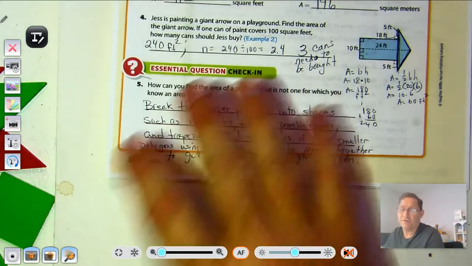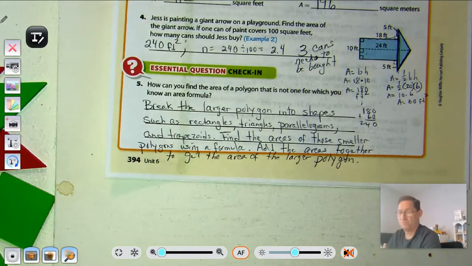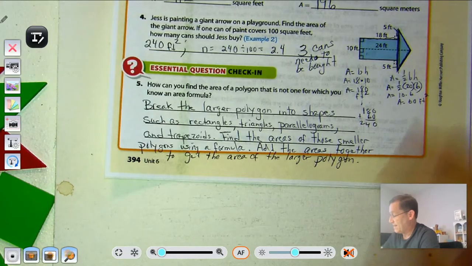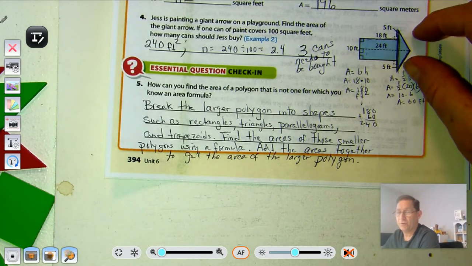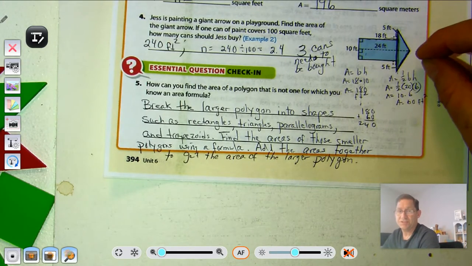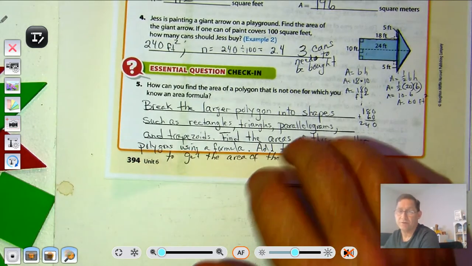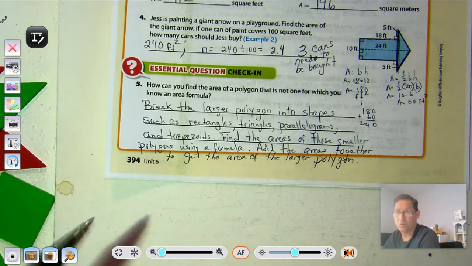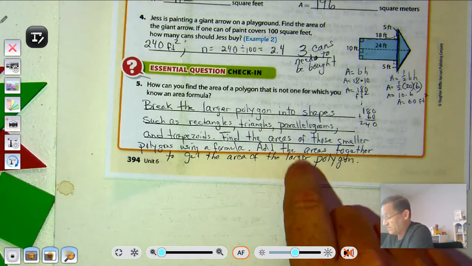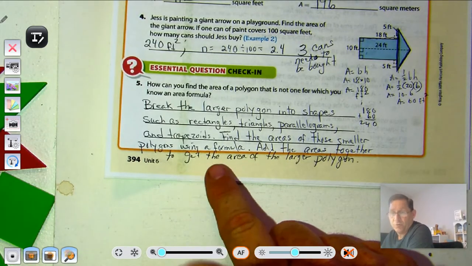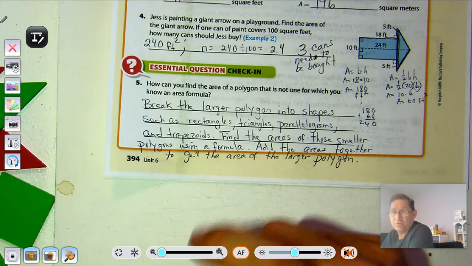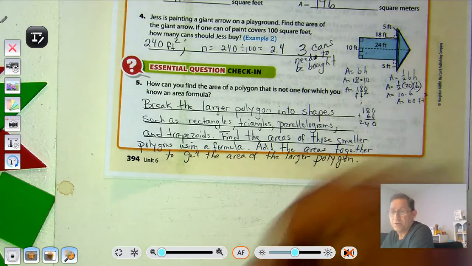Basically, what this is doing is just summarizing what we've been doing. We've been taking larger polygons that we don't know formulas for, breaking them into shapes that we do have formulas for, such as rectangles, triangles, parallelograms, trapezoids, rhombuses, so on. We're going to find the areas of those smaller polygons using a formula, and then add those areas together to get the area of the larger polygon.